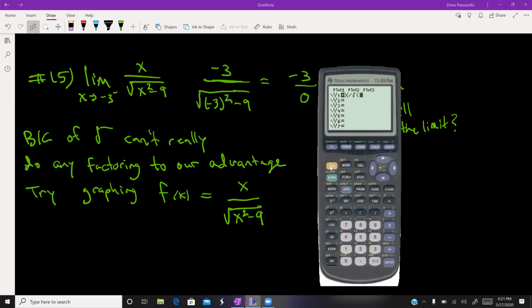If you hit the second button first and then x squared, it'll choose the square root versus the square. Now I'm going to type in x squared minus 9. And make sure to enclose the square root with parentheses. And now I'm going to hit graph.